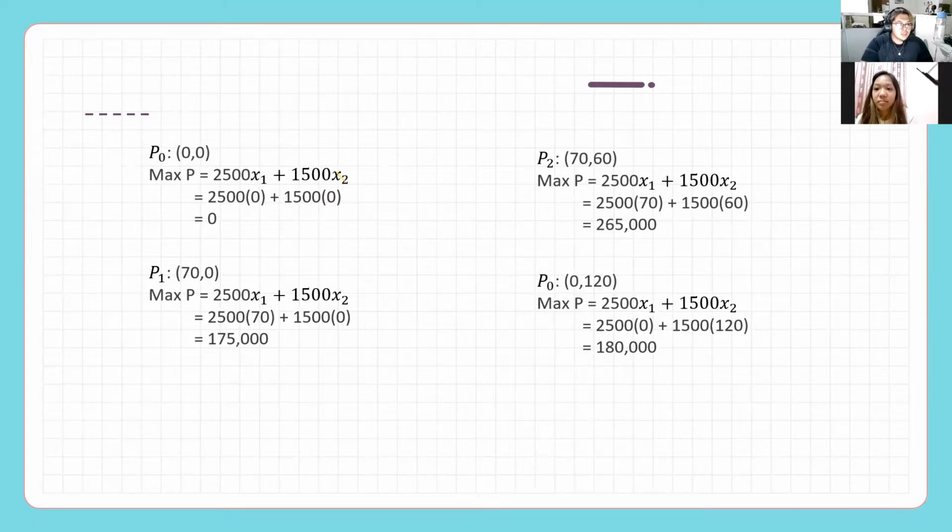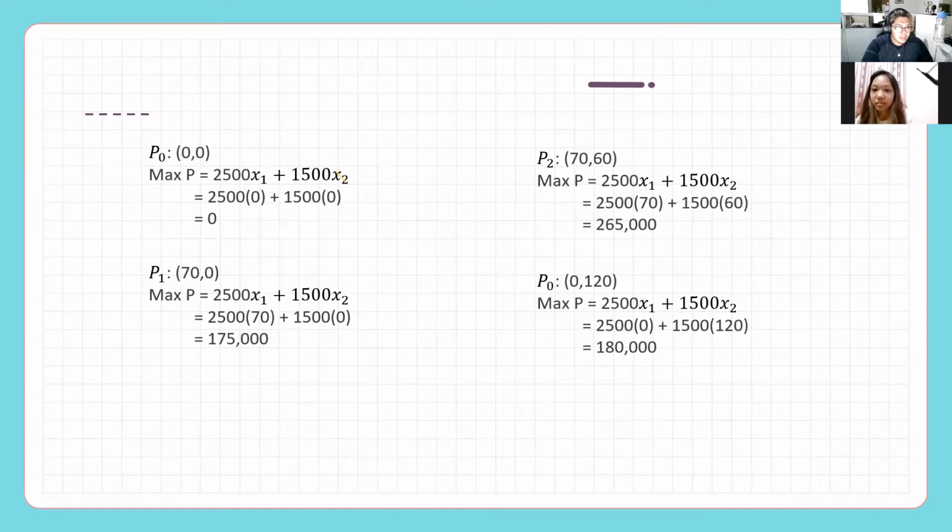P sub 0, 0 and 0. Max P equals 2,500 x sub 1 plus 1,500 x sub 2, which is 2,500 multiplied by 0 plus 1,500 multiplied by 0, equals 0. P sub 1, 70 and 0.